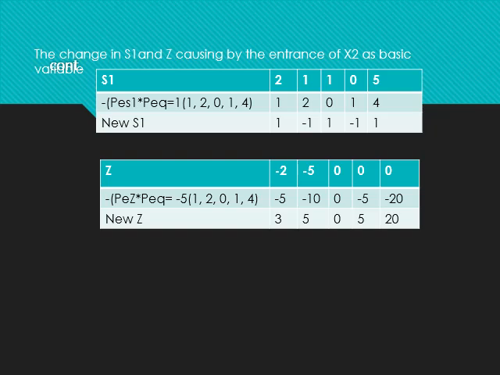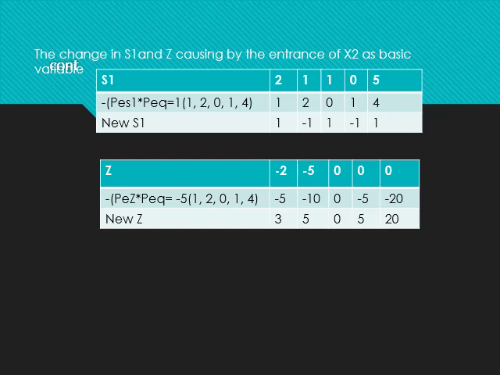The pivot element of S1 is the intersection point between the row of S1 and the entry variable x2. So 1 should be multiplied by 1, 2, 0, 1, 4. These results should be subtracted from the original values of S1.